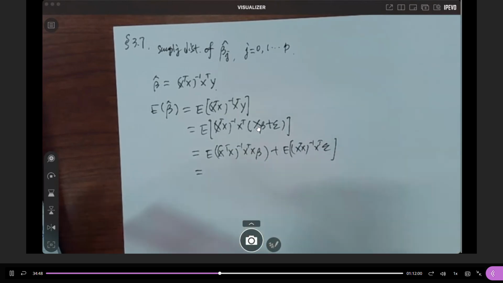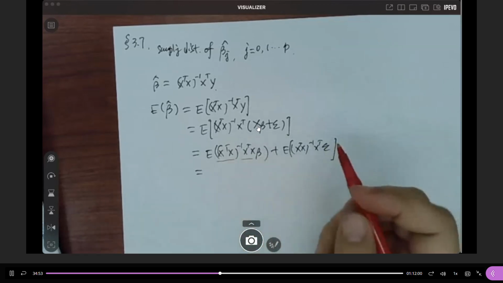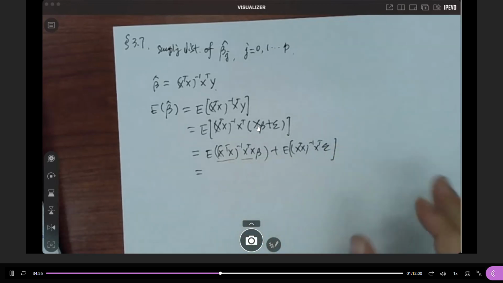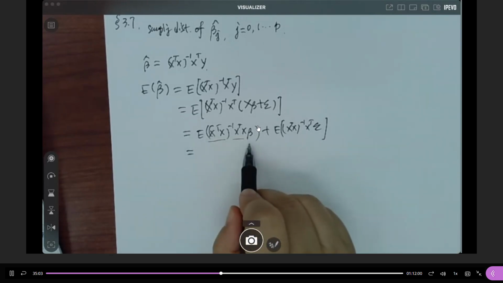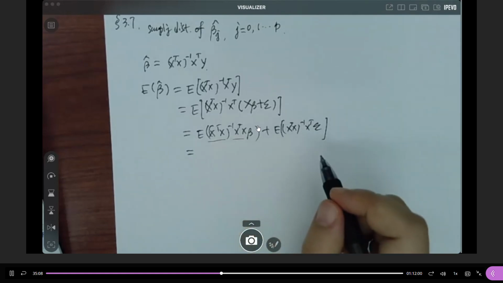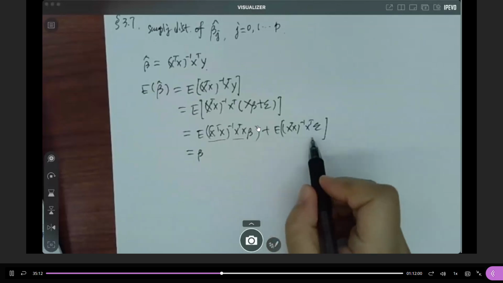This is X. This is beta, a true parameter. The inverse multiplied by X transpose X gives you the identity matrix, with p plus 1 by p plus 1 dimension. And you just have E of beta. Beta is the true parameter. So the first part gives you just beta.